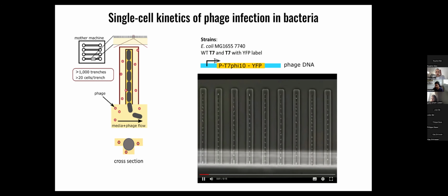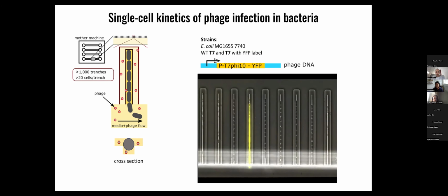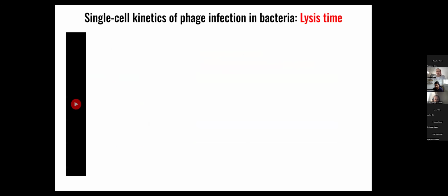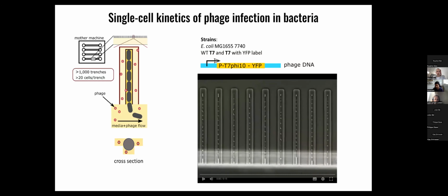So let's start the movie. Let's see, the first cell got infected. Here's the trench. These are 30-second resolution movies where we can study hundreds of such trenches over time. One nice thing, if I replay this, you can see that this trench actually got an infection right at the bottom.